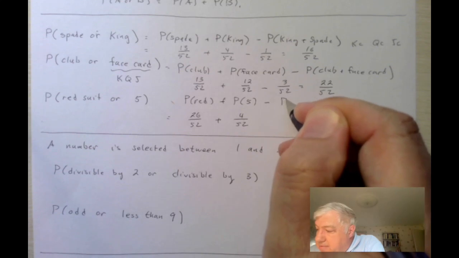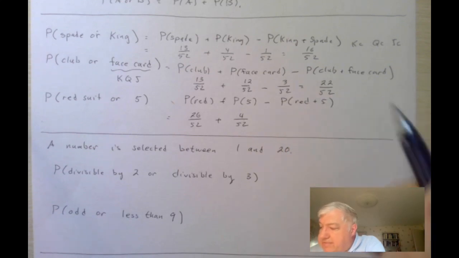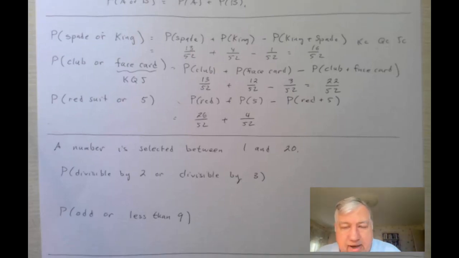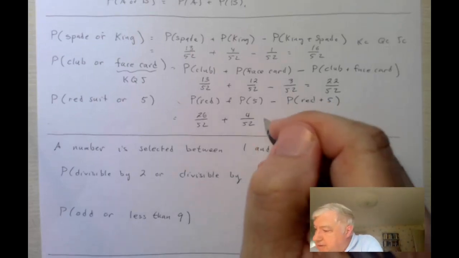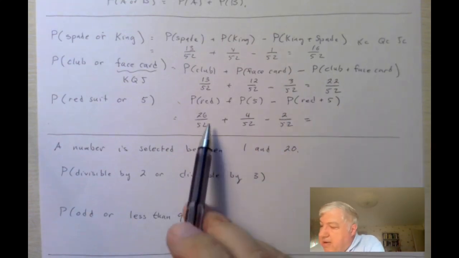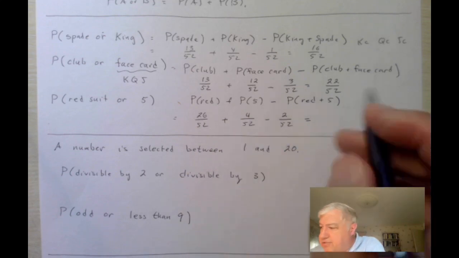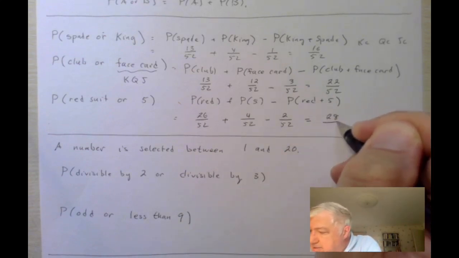And then we subtract the probability that it is red and 5. Okay, there are 2 red 5s in the deck, right? The 5 of hearts and the 5 of diamonds, so this would be minus 2 over 52. So that would be 26 plus 4, that's 30. 30 minus 2 is 28. So it's 28 over 52.